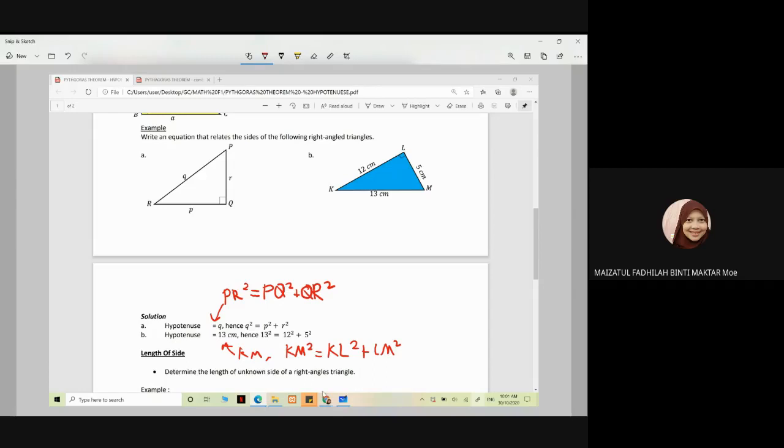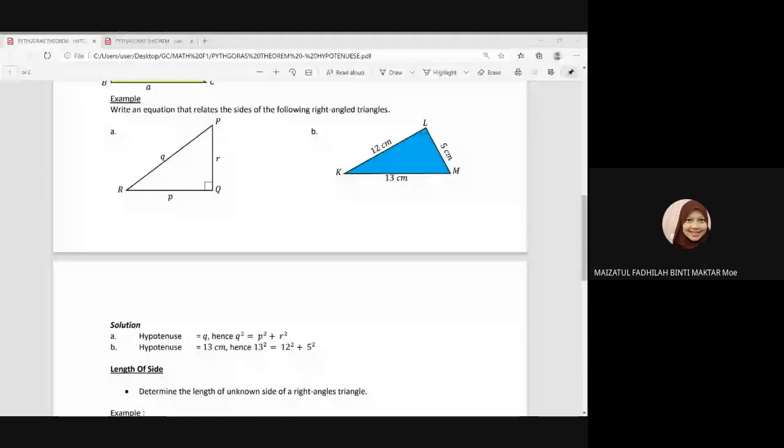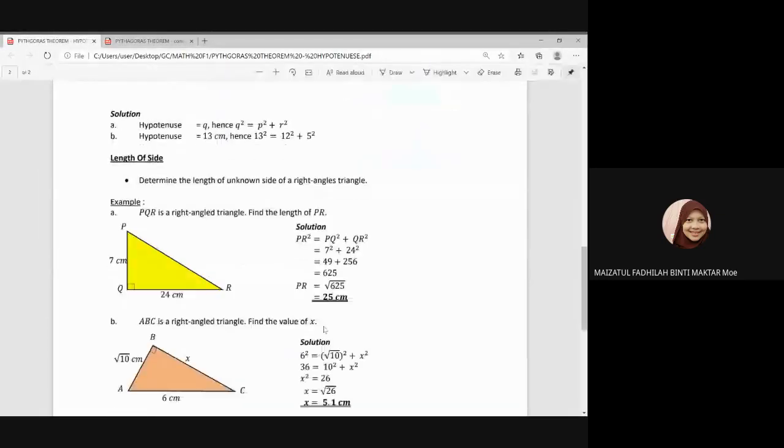Alright, so to find the length of a side, we will use the formula. All of you see the notes that are there.